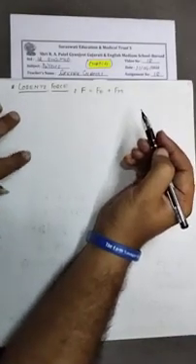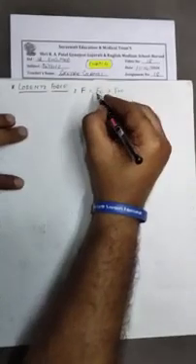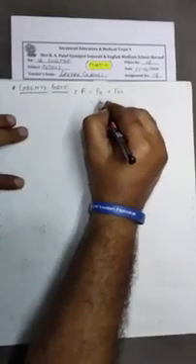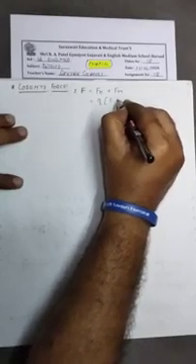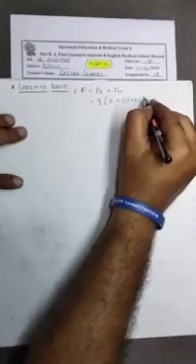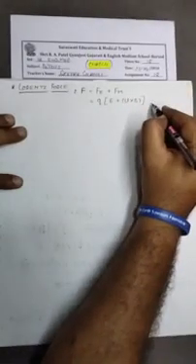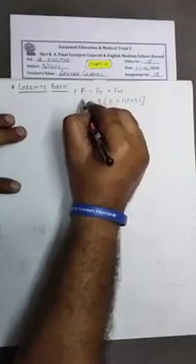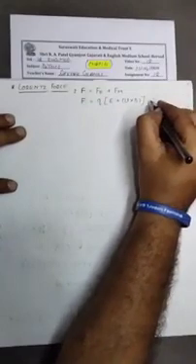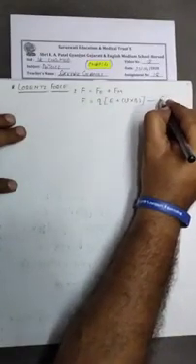So putting the values of electric force and magnetic force, we have the equation Q in bracket E plus V cross B. So this is the equation for a Lorentz force. Give it equation number 1.